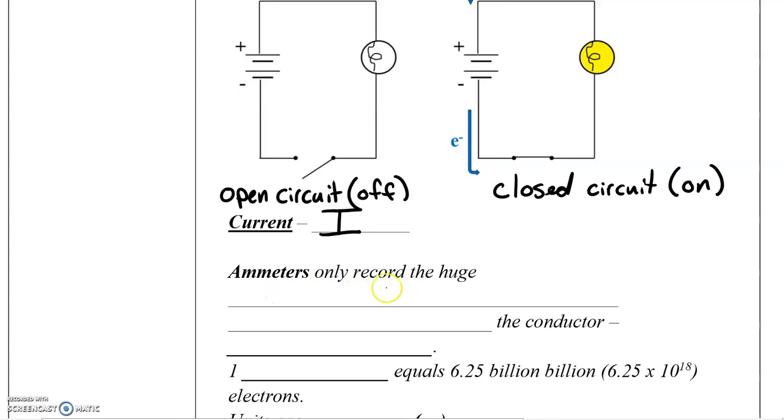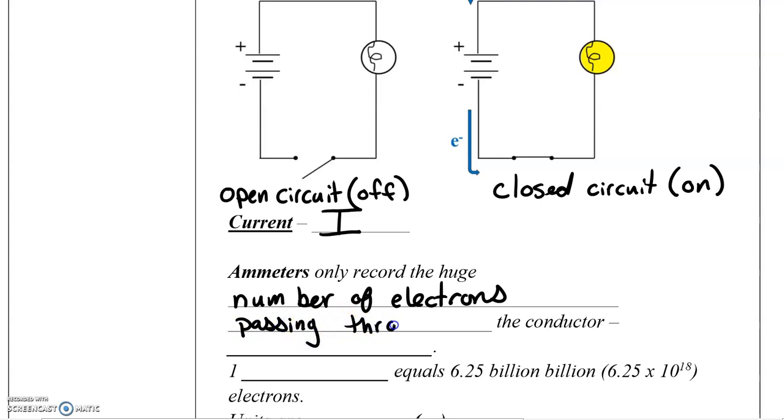The ammeters only record the huge number of electrons passing through the conductor. We call this the current.